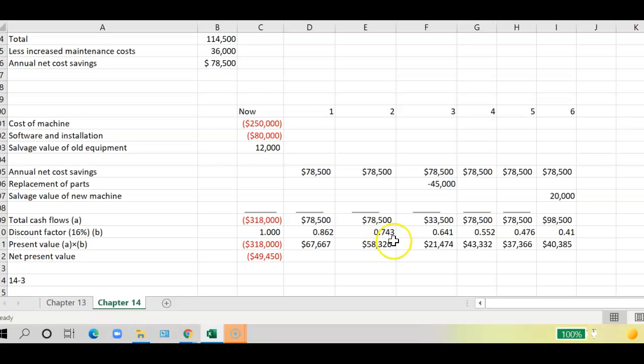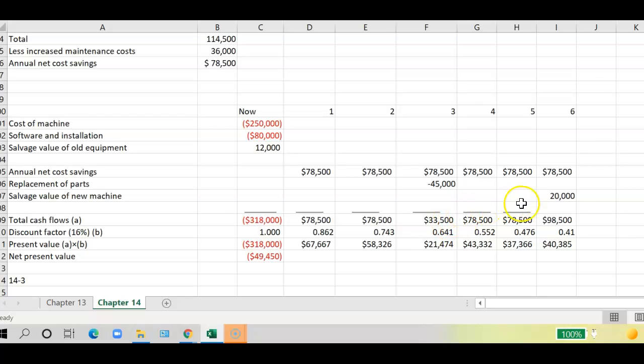But now in year 3, we have to recognize that we have a $45,000 cash outflow because of the actual replacement parts. So our net cash inflow is $33,500. In period 3 at 16%, the factor is 0.641, which gives $21,474.